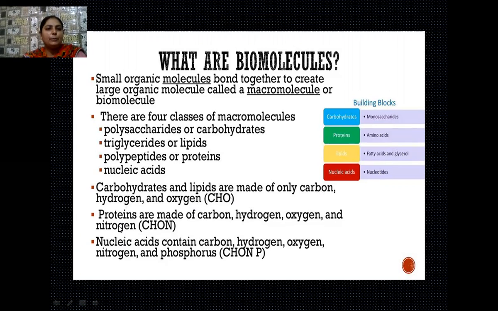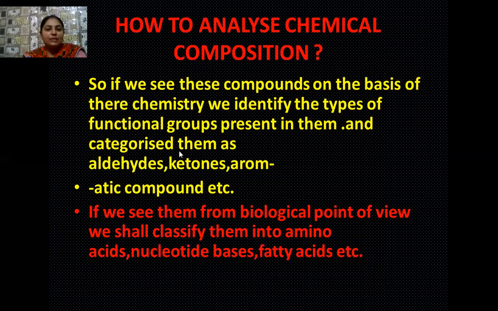If we are talking about proteins, then they are made up of carbon, hydrogen, oxygen, as well as nitrogen too. And if we are talking about nucleic acids, then they have carbon, hydrogen, oxygen, nitrogen, as well as phosphorus.